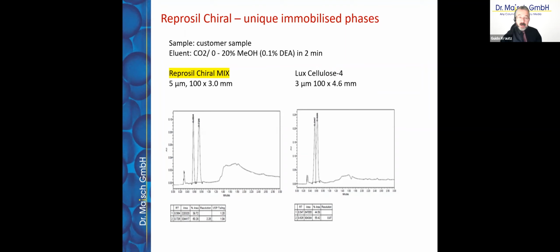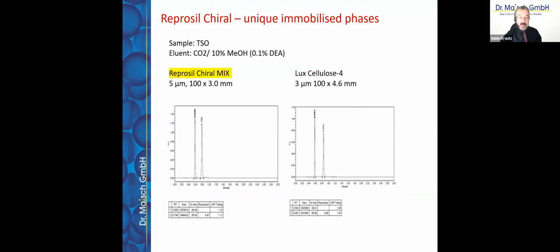So this is an example of an SFC application. The next one is an SFC application as well. So here it's just a standard test with TSO. And again, we have very similar resolution.